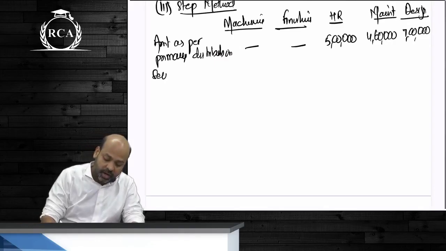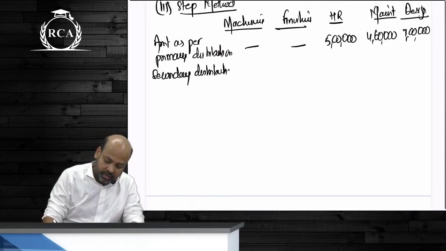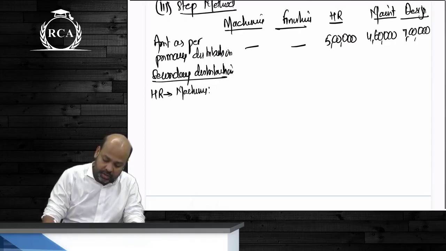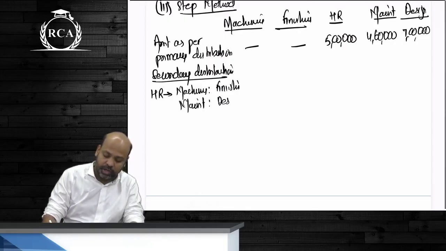Then, guys, secondary distribution. Under secondary distribution, guys, we will have to reapportion which department first? This will go to machining, finishing, maintenance and design. Be very careful when you write the ratio. Go as per the table that we have written above. The ratio will be 4000 is to 5000 is to 500 is to 500.